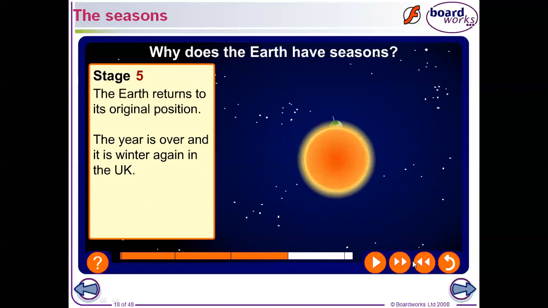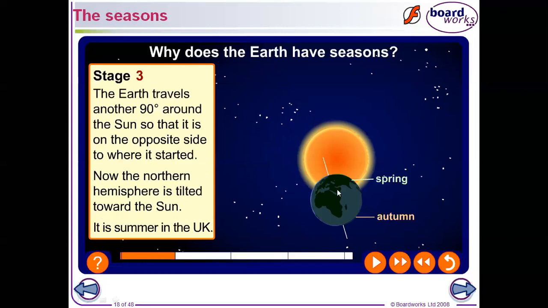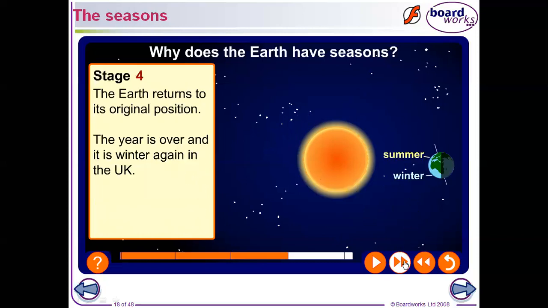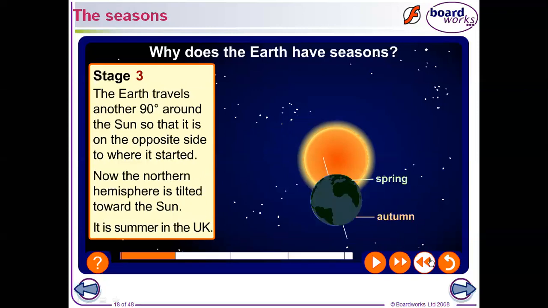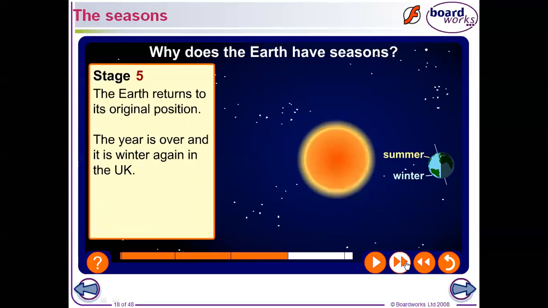Okay, we have a similar scenario in the other case. But when it gets to that point, the northern hemisphere, instead of spring, now will become autumn, while the southern hemisphere will have spring, and then back to where it started. That is the last quarter. Okay, and the cycle continues on and on and on.